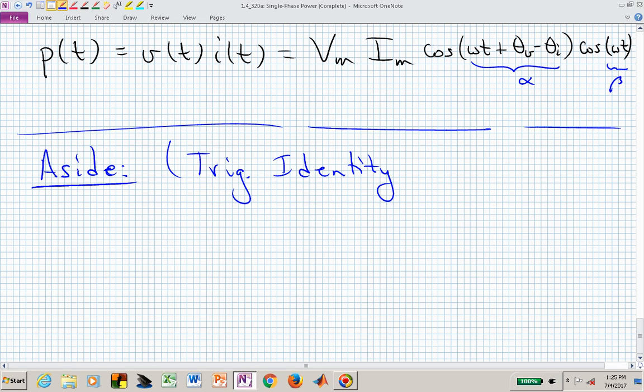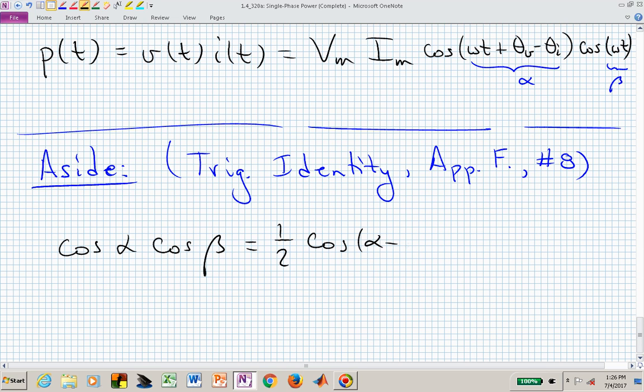The trig identity, if you look in the book in Appendix F, is trig identity number 8, which says that if you're dealing with the product of two cosines, the cosine of alpha times the cosine of beta is 1/2 cosine of alpha minus beta plus 1/2 cosine of alpha plus beta.